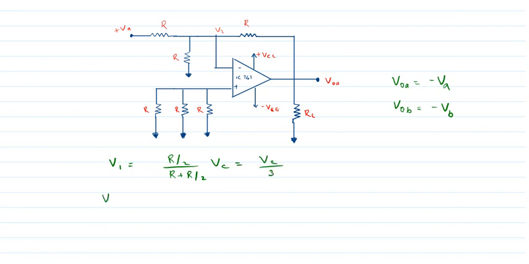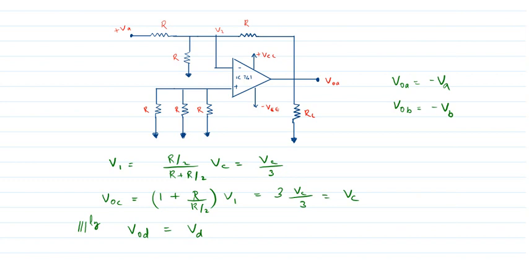We can find out the value of VOC, that is 1 plus R by 2, the gain of the circuit with respect to the input voltage V1, and this value will be 3, and V1 equal to VC by 3. We can say that VOC will be equal to VC itself. Similarly, if we apply the voltage VD and the other input voltages are grounded, we can say VOD will be equal to VD itself by deriving like this.